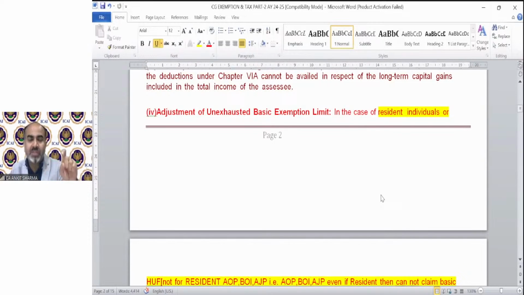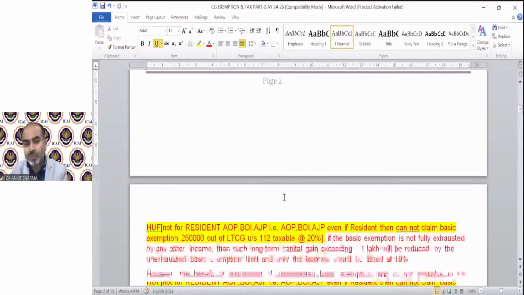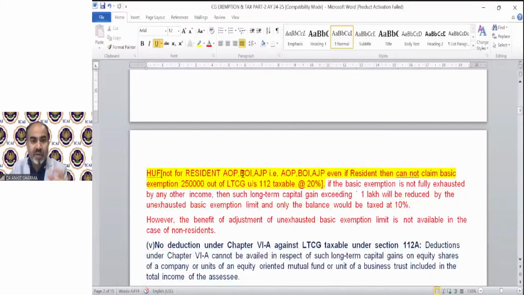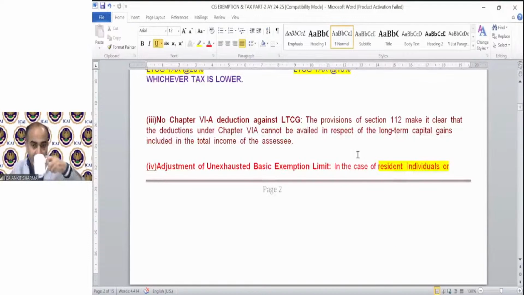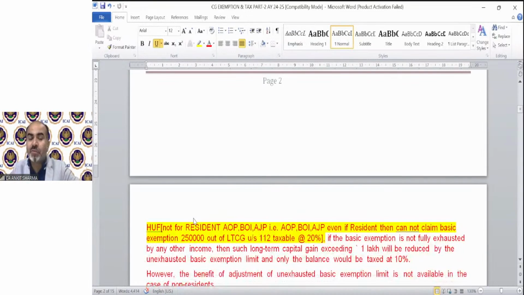I have also made a separate summary of this capital gain taxability procedure. That will really help you. So the basic exemption for capital gain can be claimed by a resident individual or HUF only.